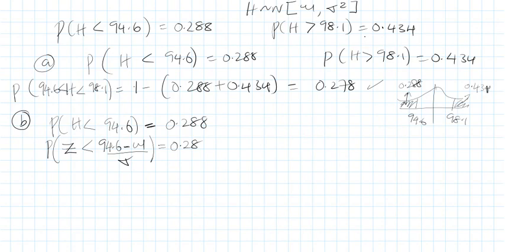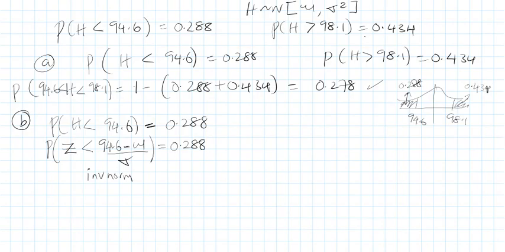So this is what we get, and to get the number which represents 94.6 minus mu over sigma, that's where you do inverse normal.